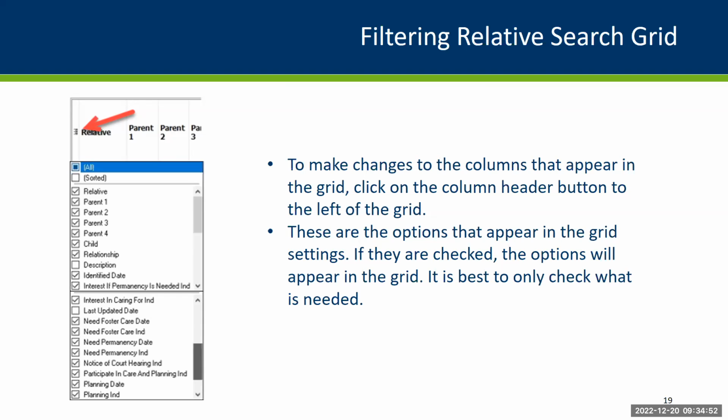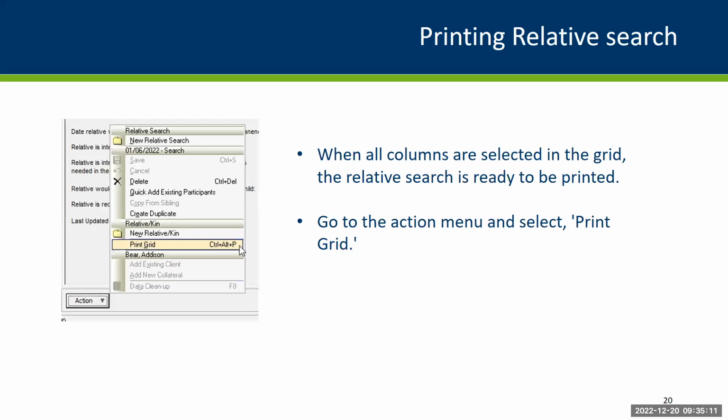So it's best to only click on the options that are needed. For more information about filtering grids, there are also job aids on the SSIS worker documentation page under the heading grids.